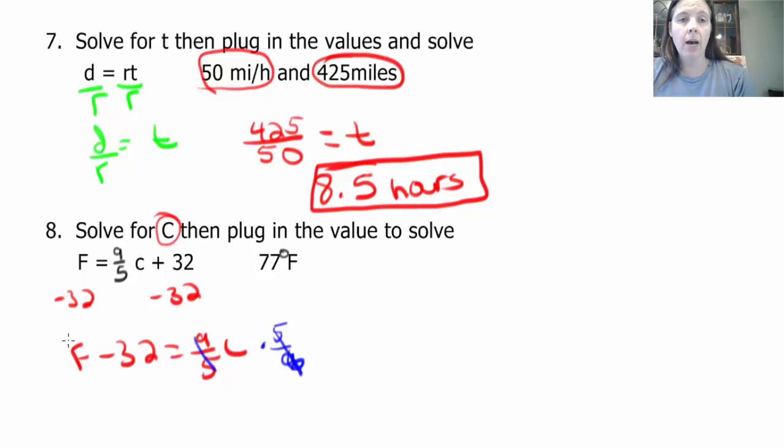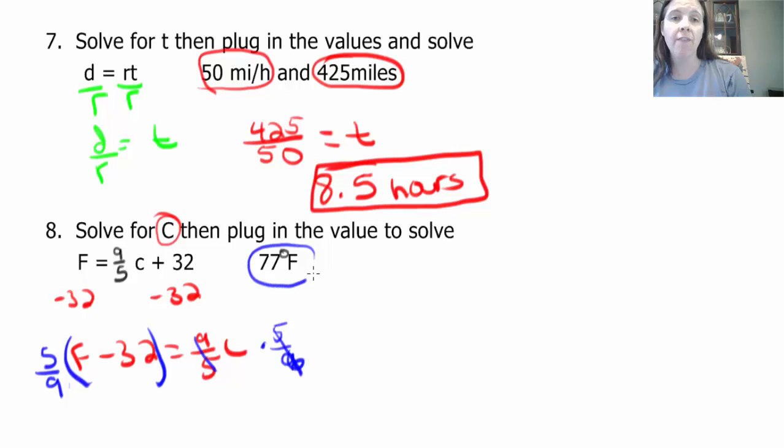And then multiply this whole thing by 5/9. Now, you can plug it in now and then multiply by 5/9, or you can distribute through. It's fine. It does not matter to me because it tells you that F is 77 degrees. So 5/9 times 77 minus 32 equals whatever it's going to be in Celsius.